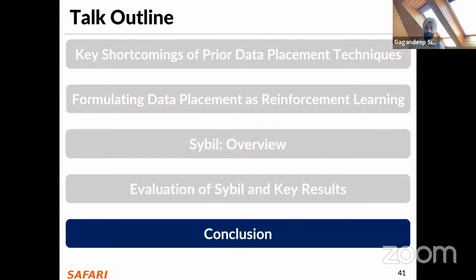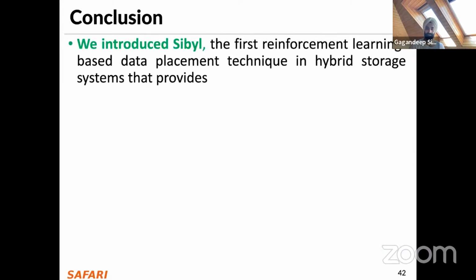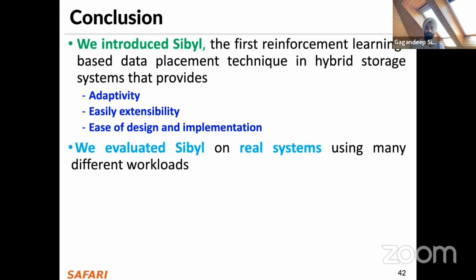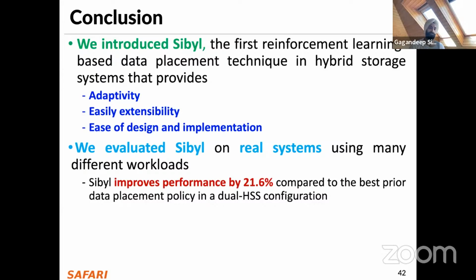Now I will conclude my talk. We introduced Sybil, which is the first reinforcement learning-based data placement in hybrid storage systems that provides both adaptability and easy extensibility. Moreover, it also provides ease of design and implementation. We evaluated Sybil on real systems using many different workloads, and we showed Sybil improves performance by 21.6% compared to the best prior data placement policy in a dual hybrid storage configuration.